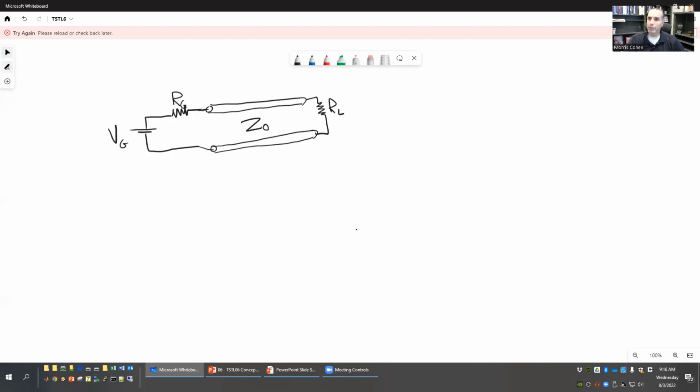Now, if we wait long enough, we know that the transmission line circuit should eventually settle out to the same place that it would have if there were no transmission lines. Coming into this class, you would have simply replaced this transmission line with 2 wires. This would have been a very simple analysis where you take the voltage VG and do a resistor divider between RG and RL. The current would just be VG divided by the sum of those resistances.